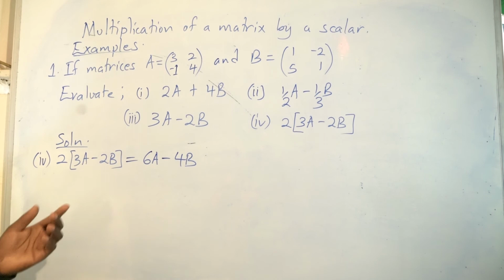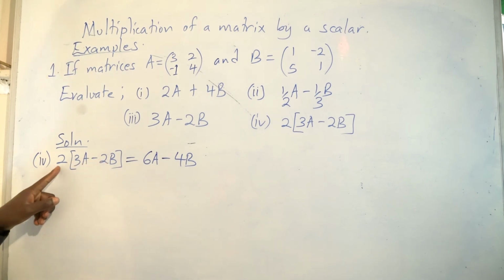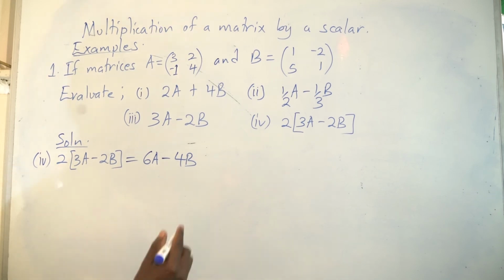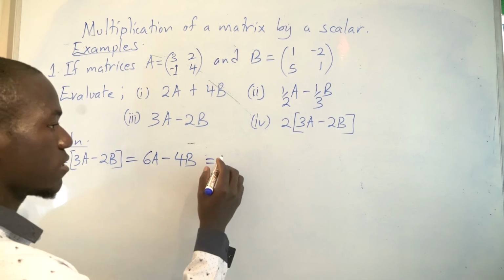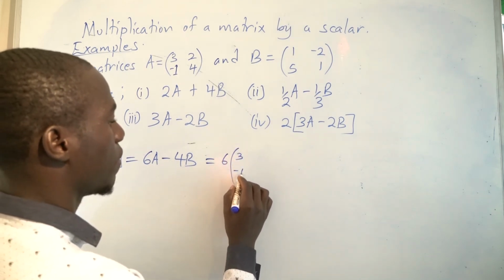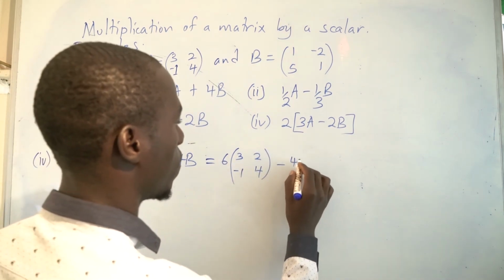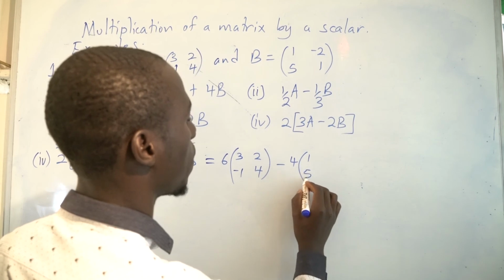Or another person can first find what is inside the bracket there, then later on you multiply by that scalar. So using this, it is 6 into matrix A, then minus 4 matrix B.